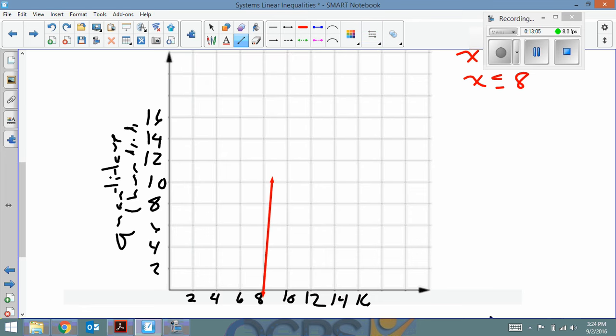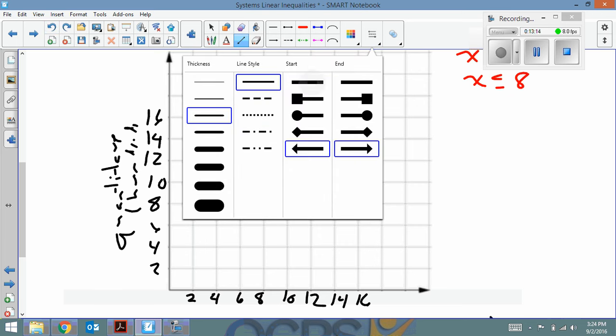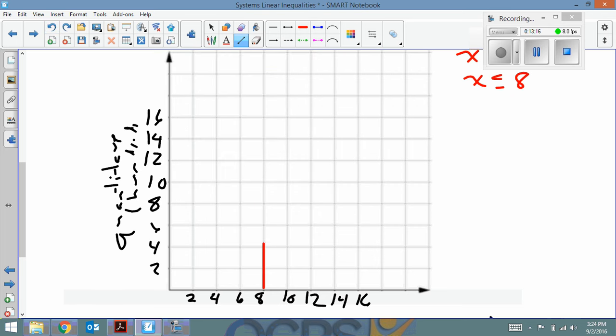We're going to undo that, because we don't need the arrows on this. Just make it a solid line. And it says, when is x smaller? So x is actually smaller below it, so on this side of it.